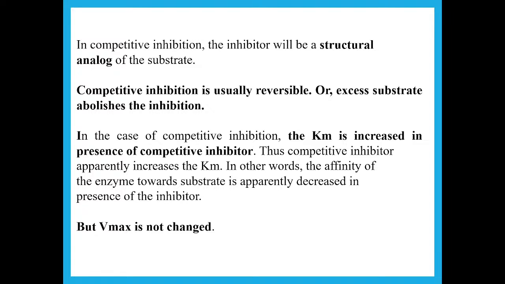The Michaelis-Menten constant, the Km value, depends on the Vmax, but Vmax will not be changed. So, the role of the inhibitor in this type of inhibition can be therapeutically exploited in different diseases. We will come to the different examples where many drugs competitively inhibit a particular pathway or particular enzymes and are successfully used in the clinical regimen.